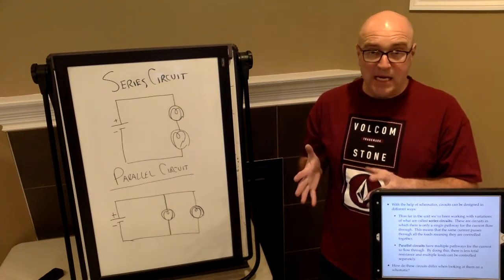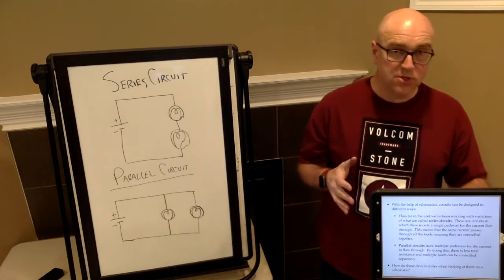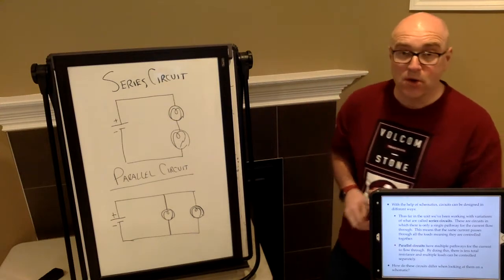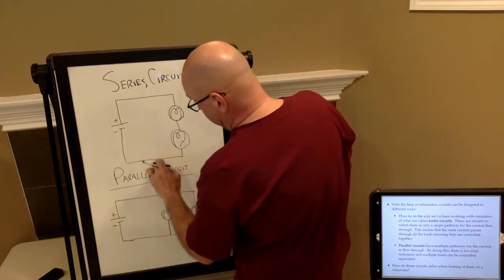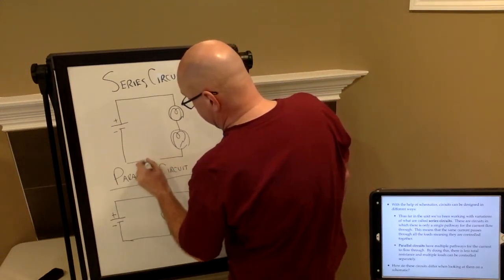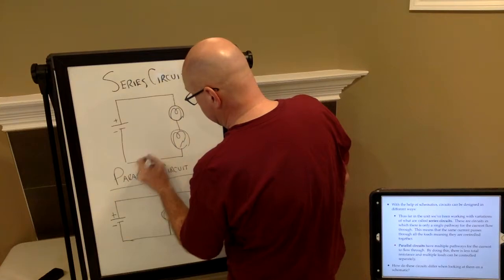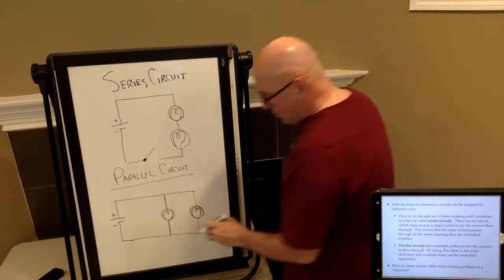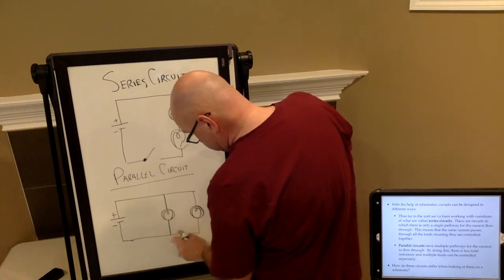Why is there a need to run a parallel circuit as opposed to a series circuit? Well, I'm going to show you by simply drawing one thing on the circuit. This circuit does not have a switch yet. If I had a switch there, and what if I had a switch here?